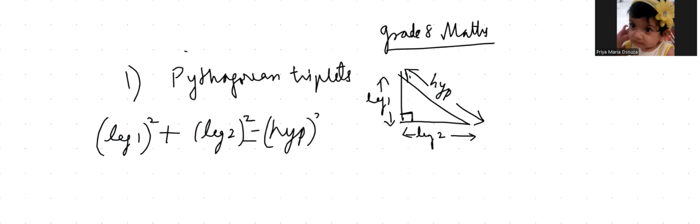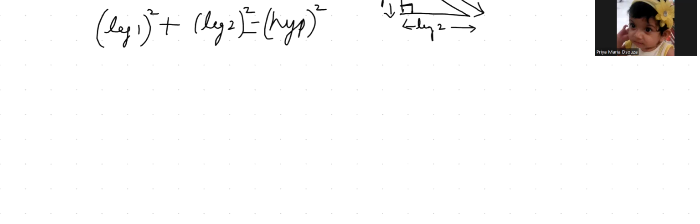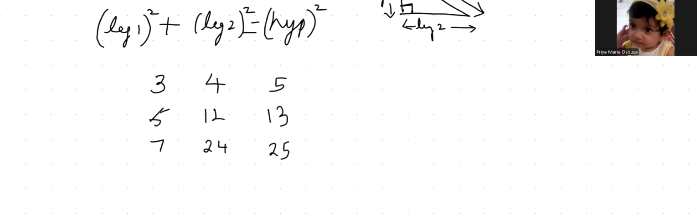So in line with this, we have the triplets we have seen, isn't it? So what can come is, I can give you 2 of the legs and I'll ask you to find the hypotenuse. Let's just try to recall the Pythagorean triplets: 3, 4, 5, 5, 12, 13. Then you have 7, 24, 25. 8, 15, 17.